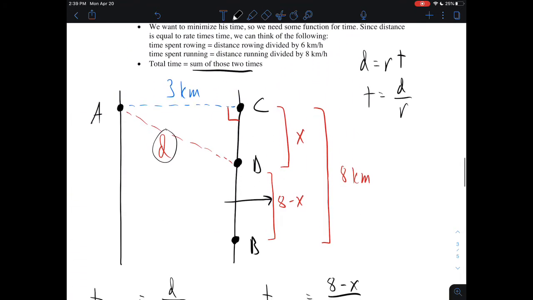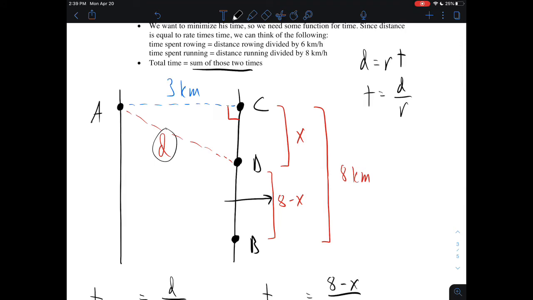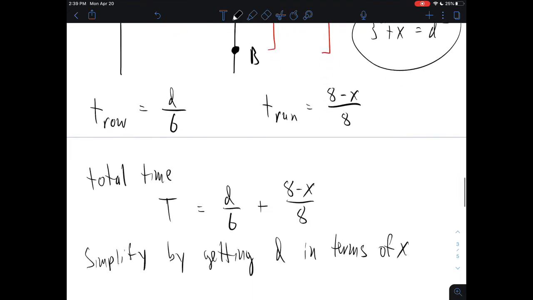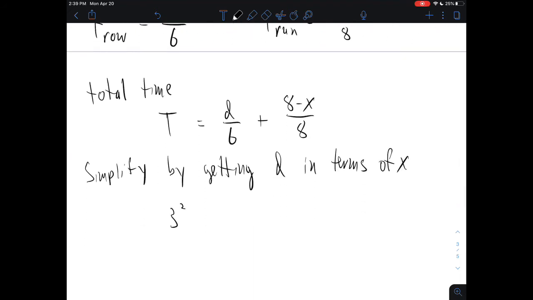If this is a right triangle, then I have 3 squared plus x squared equals d squared. So I'm going to use that. So 3 squared plus x squared equals d squared. That means 9 plus x squared. And if I take the square root, that gives me d.